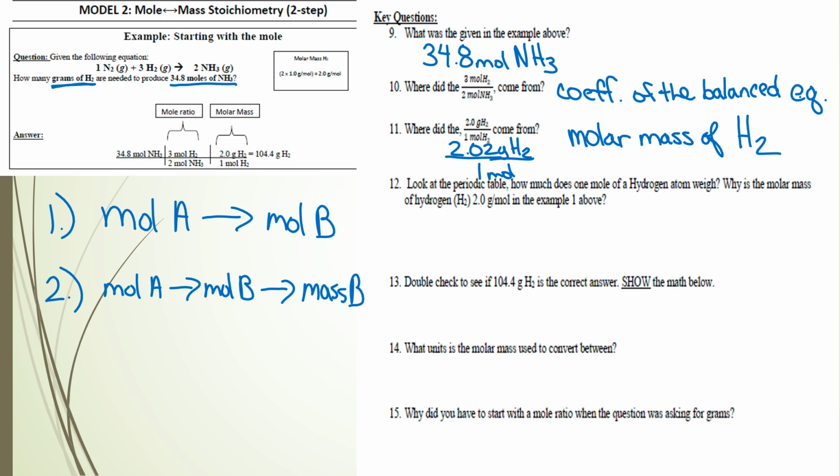How do we get the molar mass of anything? You look at the chart, and since I have 2 hydrogens, I'm going to add 1.01 plus 1.01. That gives me 2.02. So would it be 2 moles equals that? No. 1 mole of H2. I have 2 hydrogens and 1 mole of H2.